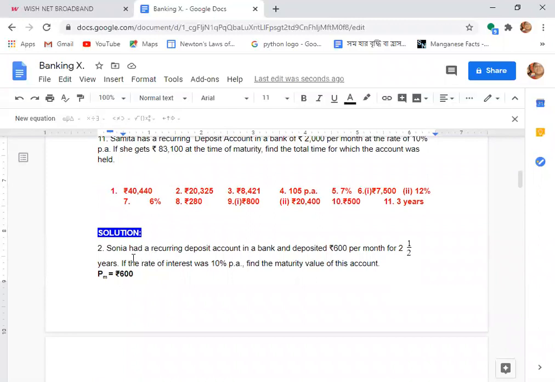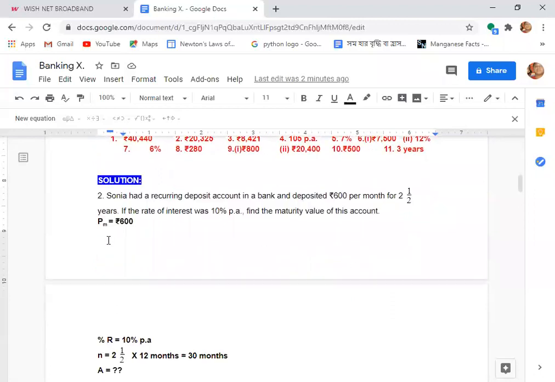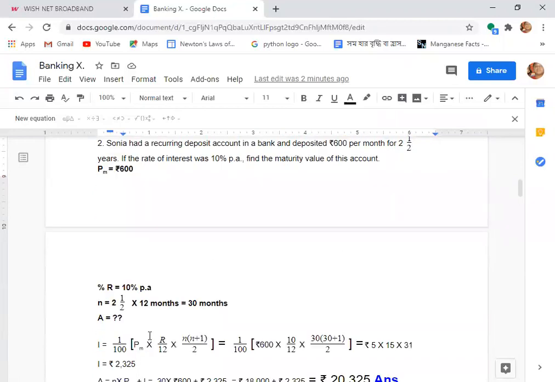Question 2 is that Sonia had a recurring deposit account in a bank and deposited rupees 600 per month for 2.5 years. If the rate of interest is 10%, find the maturity value. As I told you earlier, you have to write all the given parameters and also the unknown you have to find out.